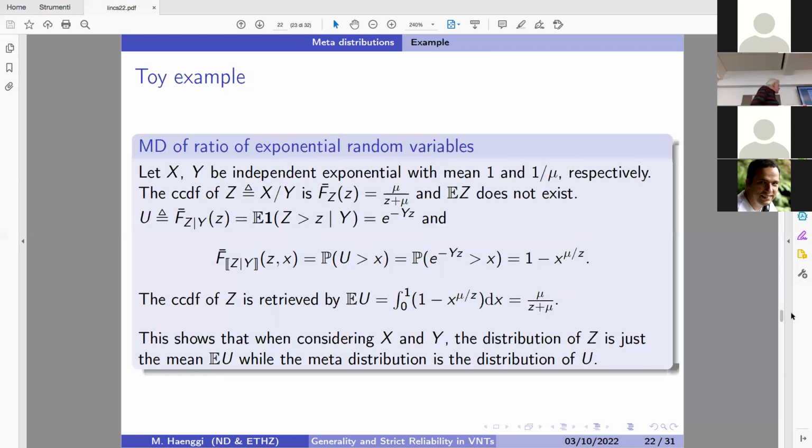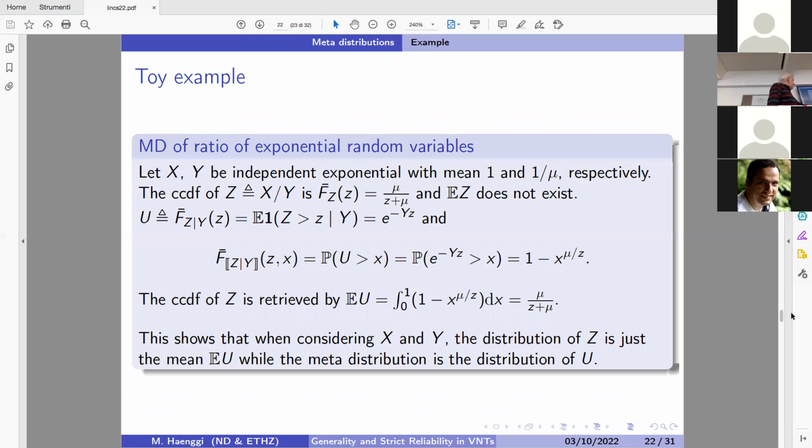So here is a toy example. If we take a ratio of two independent exponential random variables, we are interested in z, which is this ratio x divided by y. We can immediately calculate the distribution. Now this one doesn't have a mean. We introduce the new random variable, that's the conditional distribution. And then by averaging over y, we get the meta distribution, which now has two parameters, x and z.